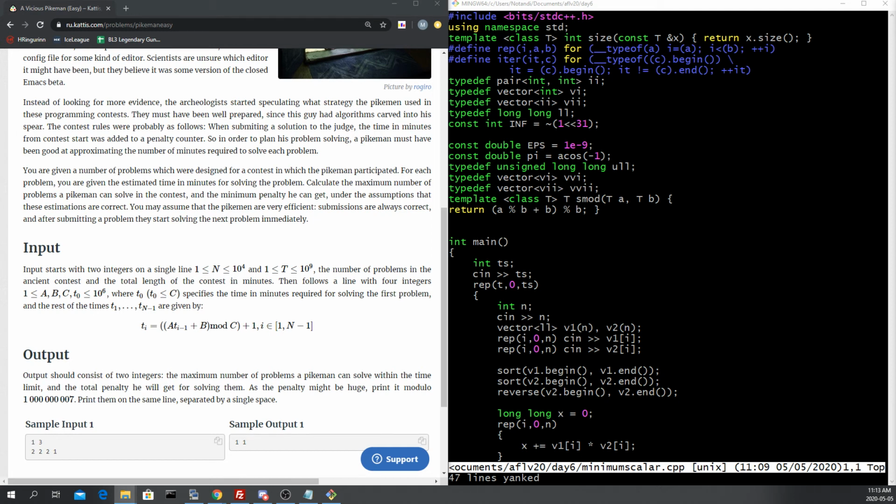T0 is the time it takes to solve the first problem, and the rest are generated based on the values of A, B, and C. So it's like a pseudo random number generator with a linear congruence.